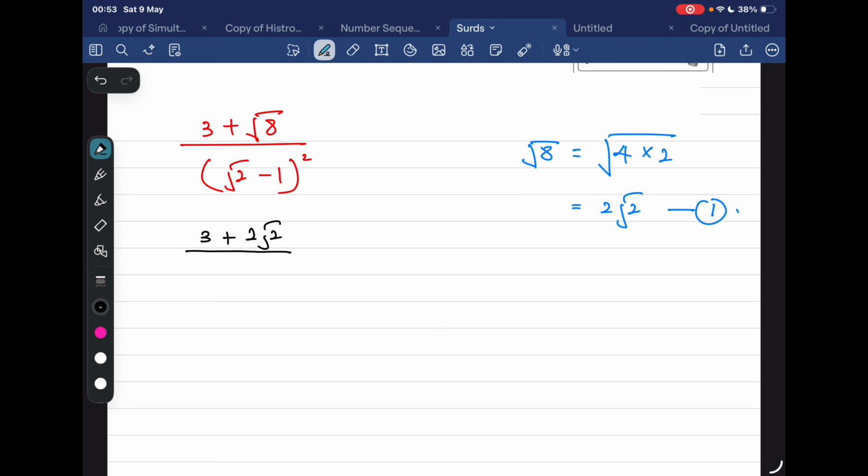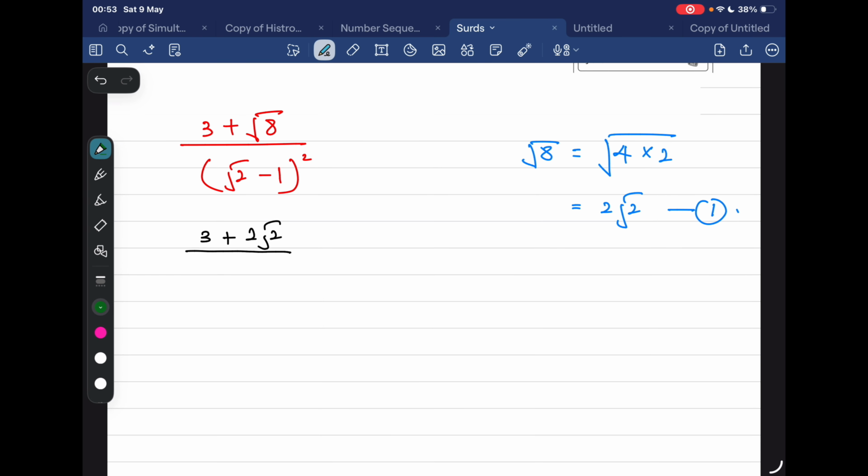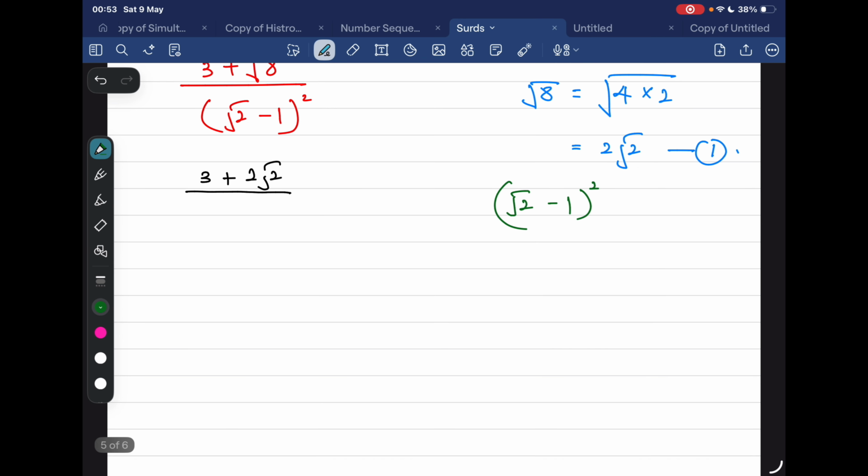Let's go towards the denominator now. Let's simplify it, and after that write the simplified denominator. What is the denominator? Root 2 minus 1, squared. How could you solve this? I think you remember the expansion of binomial expressions.